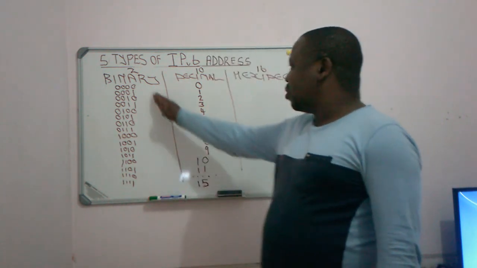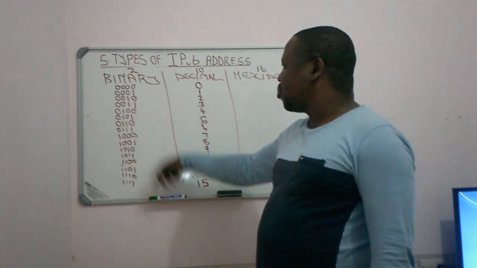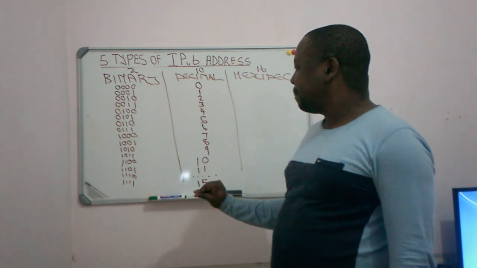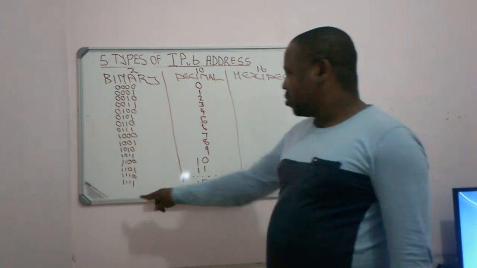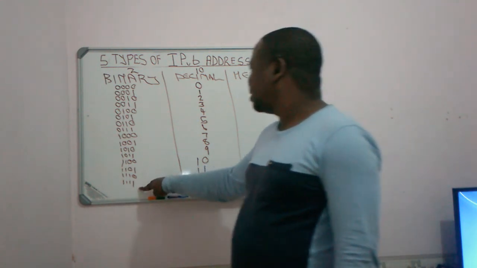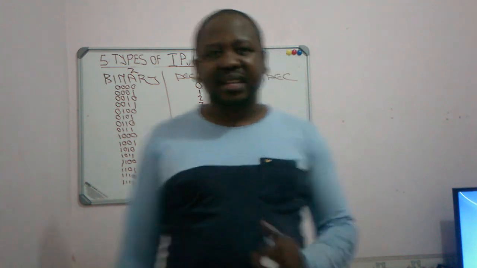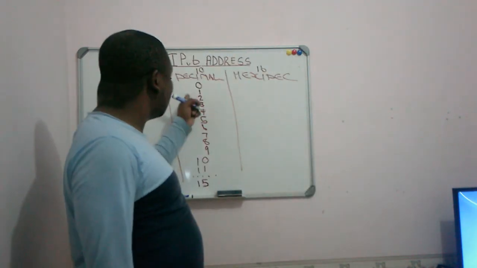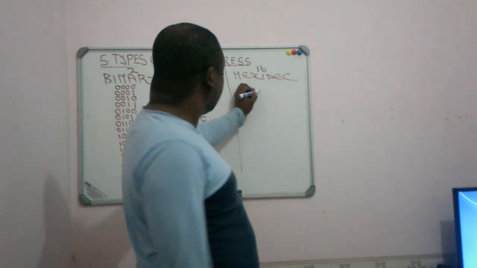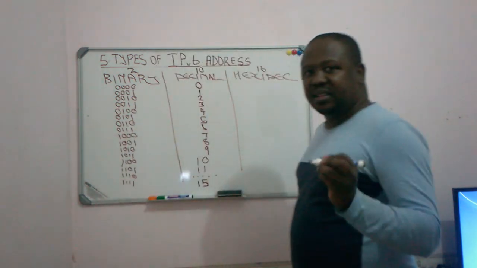Hopefully you can see what I did. I tried to put all of them here, that's why I wrote so small. So 15 is all ones, 4 ones. And then for decimal to hexadecimal, let me stand this time.